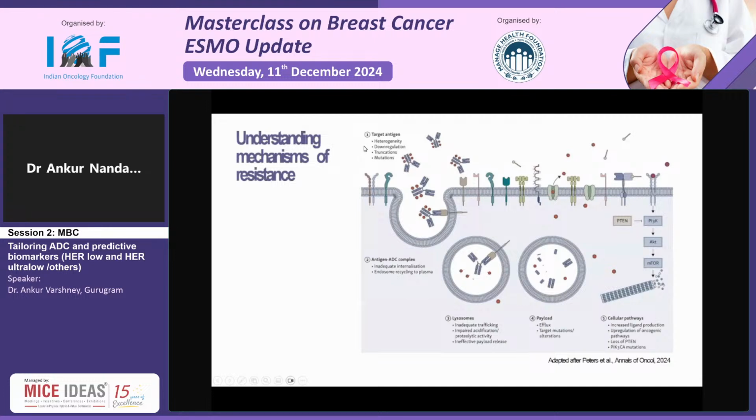Prior to this study, the known resistance mechanisms were changes in the population, heterogeneity in the target antigen, inadequate internalization of the antigen-ADC complex, inadequate trafficking, ineffective payload release with the use of lysosomes, the efflux mechanism or any targeted mutation in the efflux mechanism, or mutations such as PIK3CA mutation or loss of PTEN in the cellular pathways, through which resistance to HER2 drugs can develop.